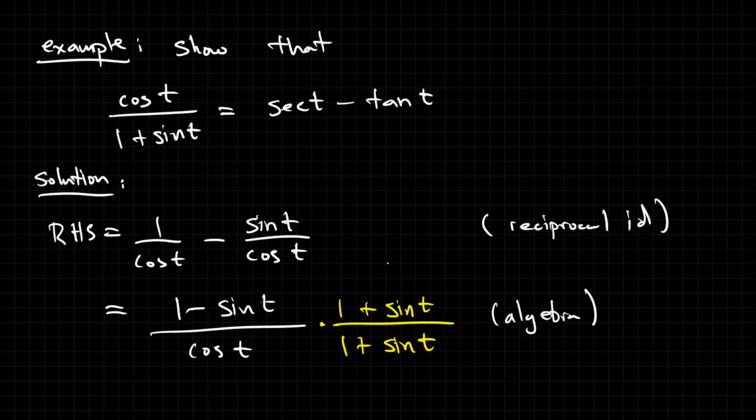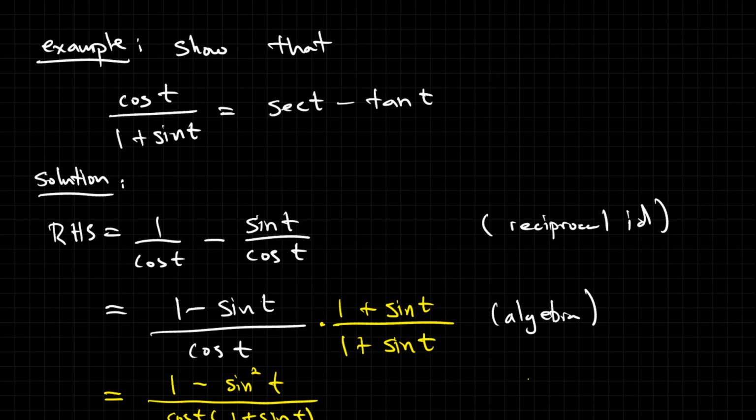And the reason is because if you FOIL 1 minus sine t times 1 plus sine t, you get, well, 1 squared is 1, minus sine t plus sine t, those will cancel, and then minus sine squared t, divided by cosine t times 1 plus sine t.